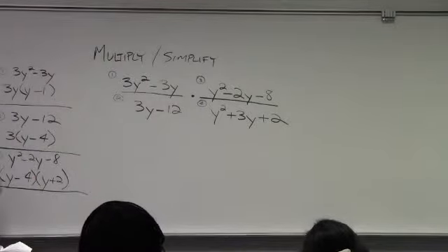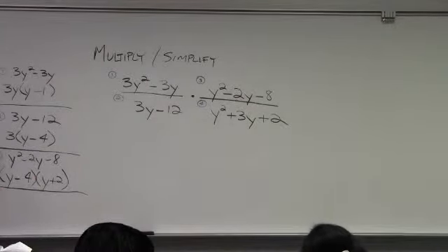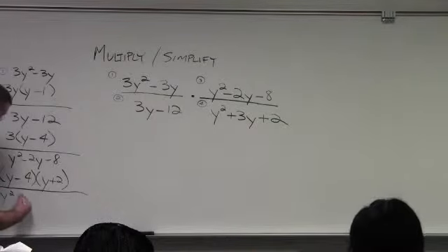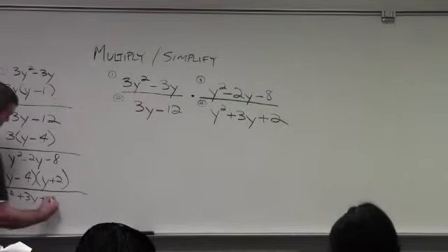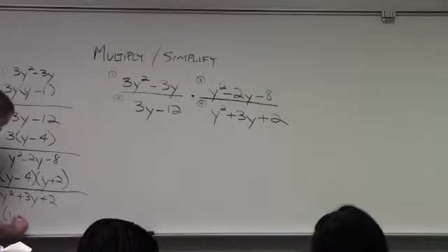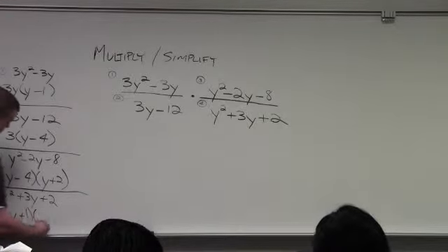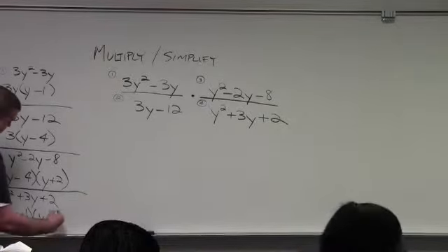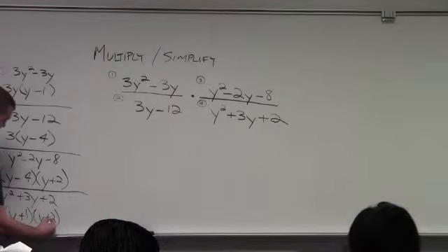Our last piece here says we've got y squared plus 3y plus 2. So once again, any factors of 2 that add up to 3? 1 and 2. So y plus 1, y plus 2. Okay.